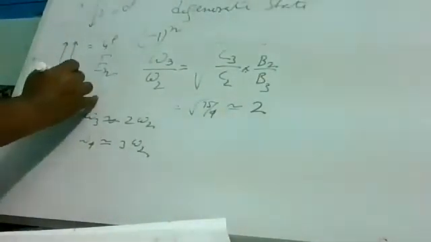And if they are aligned to form an equilateral triangle, then this will give 2. So these are the allowed values if two phonons of angular momentum 2 units are coupled together: 0 plus, 2 plus and 4 plus will be obtained, and their energy difference will be very small.